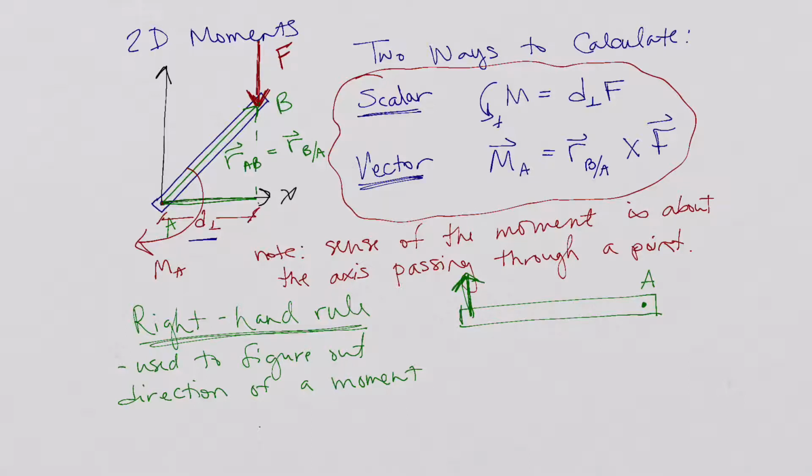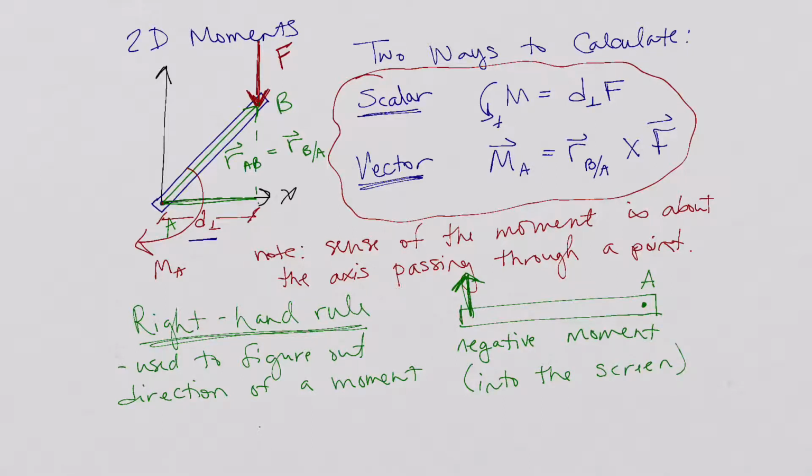Right now my hand is facing to the left, my fingers are pointing up, and my thumb is pointing down, so the moment is negative. It's going into the screen, not the board.